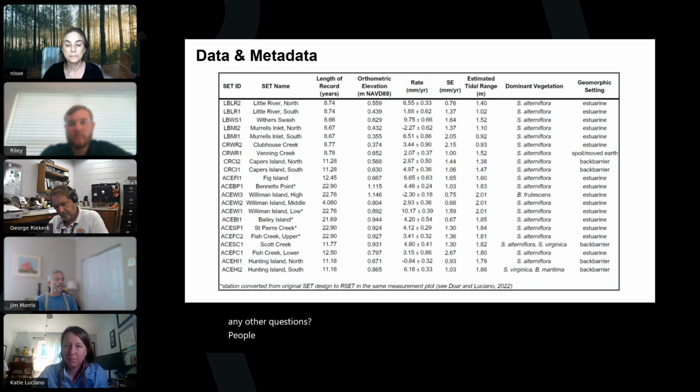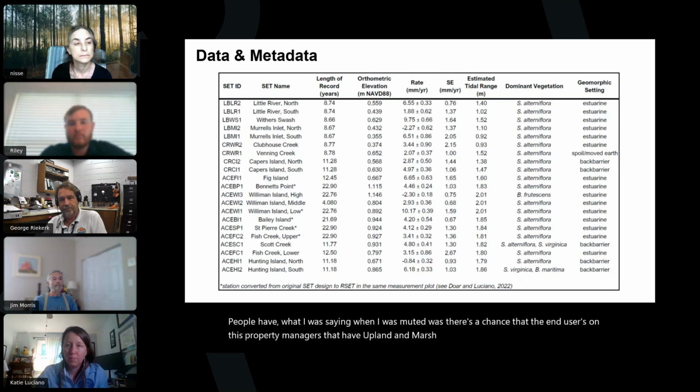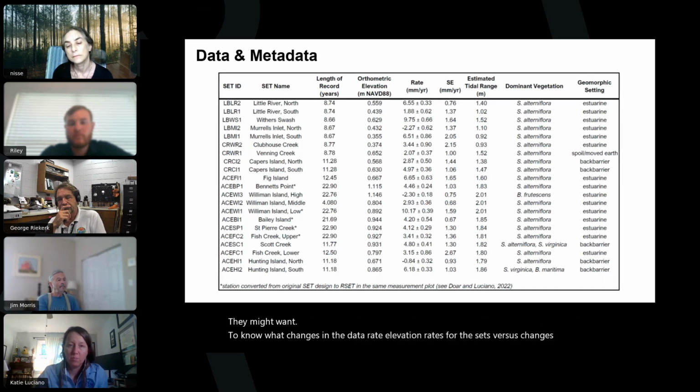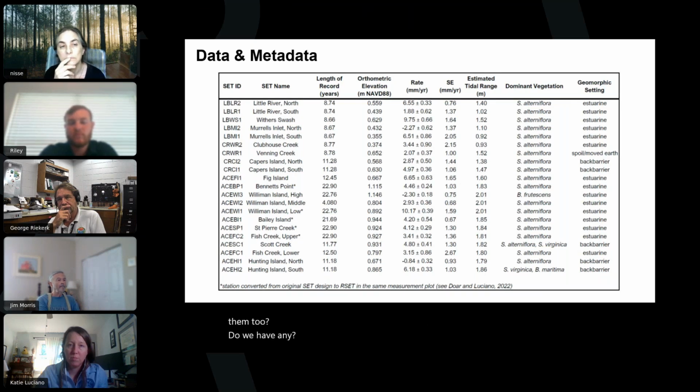What I was saying when I was muted was there's a chance that the end users on this, property managers that have upland and marsh systems, intertidal systems, might want to know what changes in the elevation rates for the SETs versus changes in salinity. Could that be something they want to know, and that's why it should be in the metadata for them too? Does anyone want to weigh in on that?